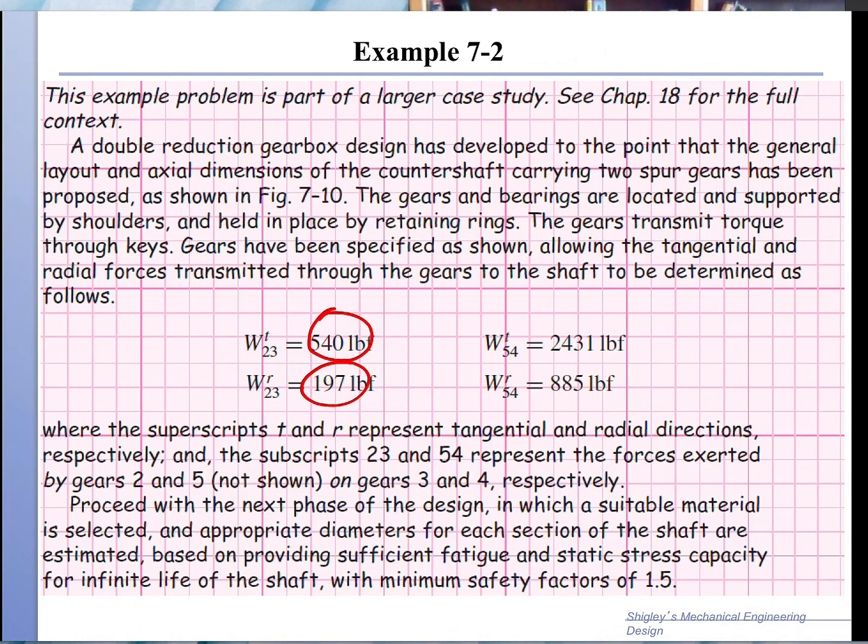So if you look here, the tangential force from gear 5 onto 4 is 2431 pounds. That's very high. And the radial force is 885 pounds. And we would like to use those to find stresses and therefore design the dimensions.